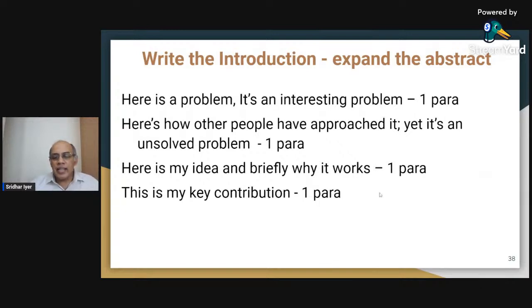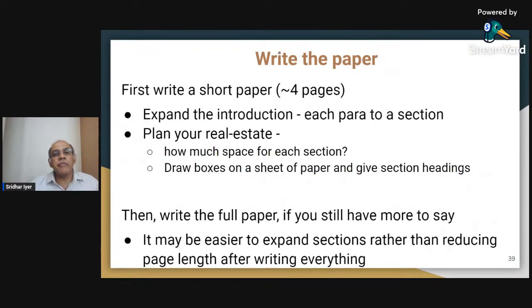Then comes the actual writing of the paper, where the recommendation is to first write a short paper. Often we first write the long paper. We say, okay, 8 pages are there, let me write 8 pages, and in the process of writing 8 pages, we actually wind up at 13 pages.